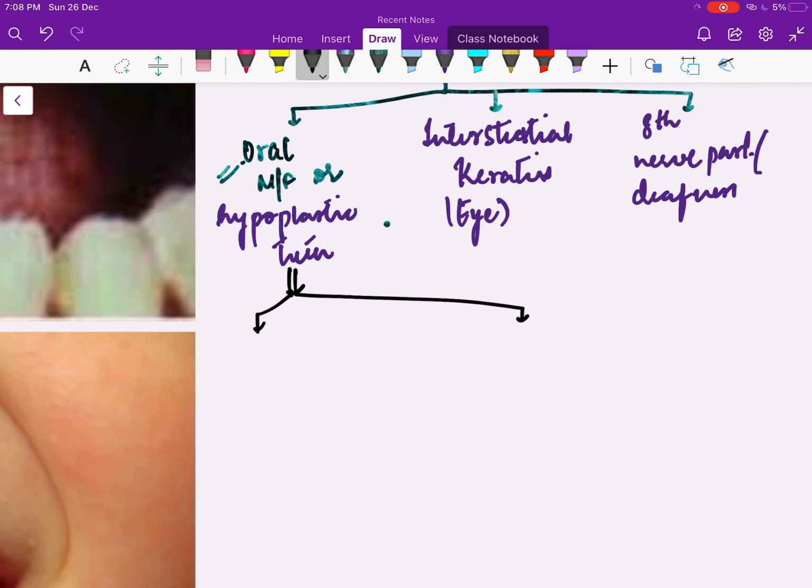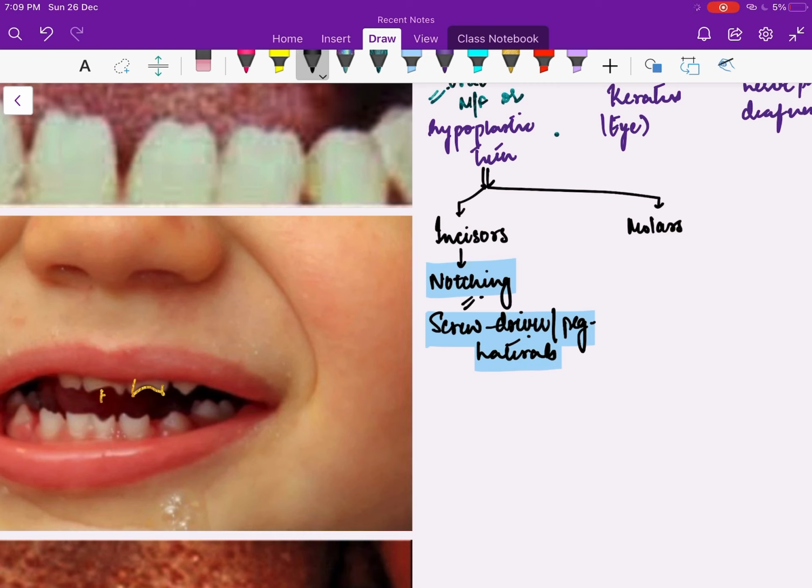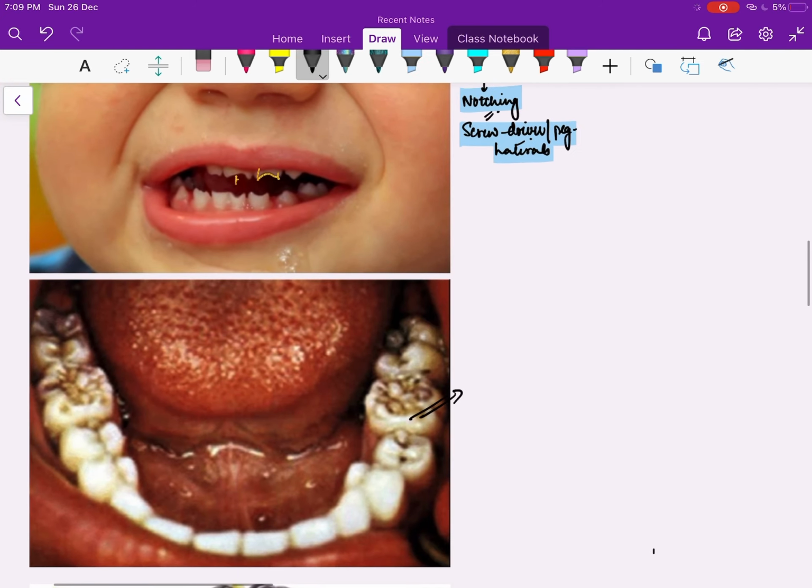Hypoplastic teeth can be incisors or molars. Incisors we already discussed: there is a notching of incisors and they become screwdriver shaped or peg laterals. Coming to the molars, you can see in the picture there is incomplete cusp formation, basically these are globules.